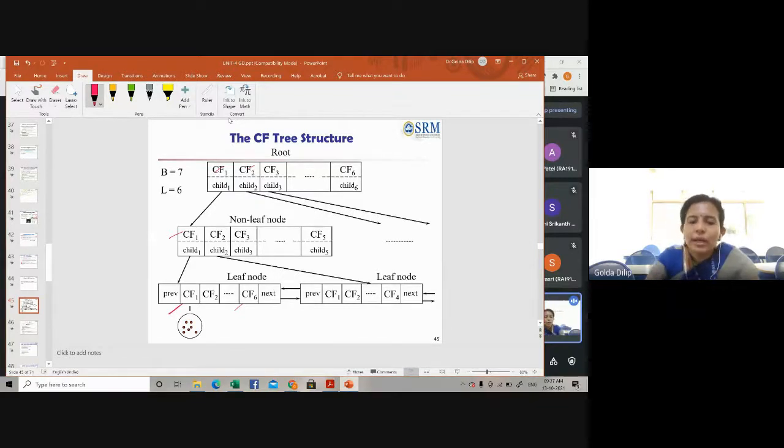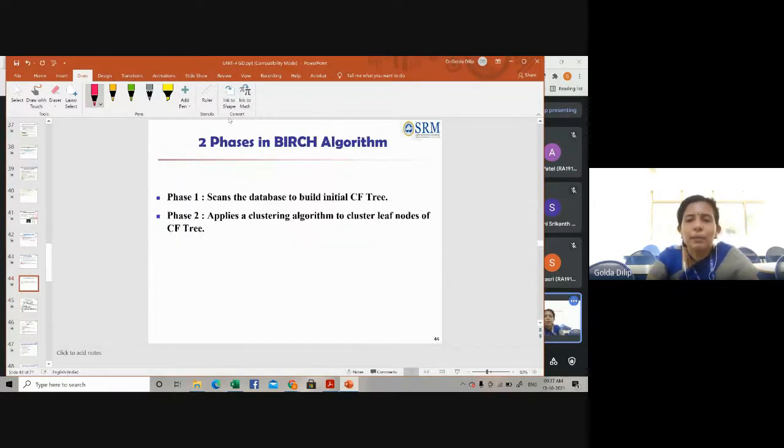In this Birch algorithm, you have basically two phases. In the first phase, you scan the database to build the initial CF tree, and in phase 2, you apply a clustering algorithm to cluster the leaf nodes of the CF tree.